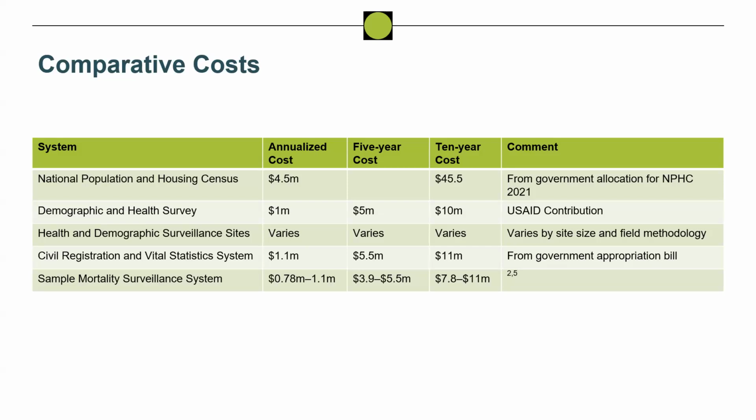One of the cases that we made was that if we're going to spend 10 million over a 10-year period for a DHS, compared to spending 7.8 million to 11 million for an SRS over a 10-year period and getting more value, more data that would allow us to make decisions in real time, then it may be better to invest in an SRS.